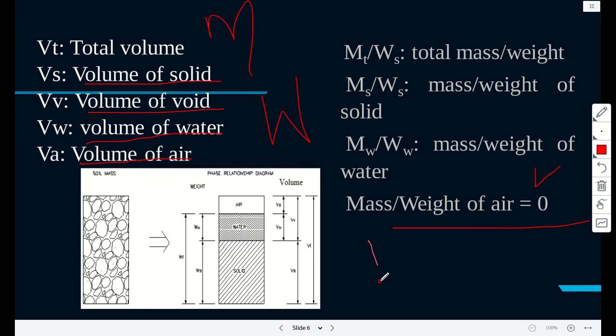So when we talk about the total mass, it would be simply the mass of water plus the mass of the solid, ignoring the mass of air, because relatively the mass of air is low. This is important. If someone has a question, you can raise it.